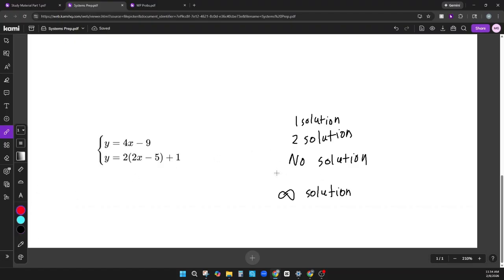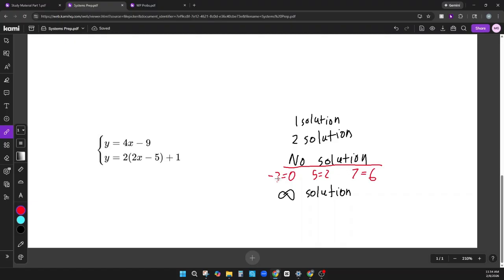No solution happens when I'm going through my steps and my x's cancel. My x's go away, and I'm left with something that is untrue. Something like -3 is equal to 0, 5 is equal to 2, 7 is equal to 6.